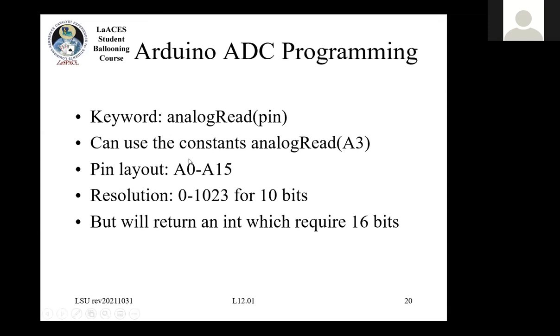So remember, you've got 16 analog pins, A0 through A15. Honestly, actually reading it out is one of the simplest things. You just give it the pin number, and then it tells you a number corresponding to the voltage. And that is it. So the actual programming part of this is relatively simple. So that is it for the lecture.